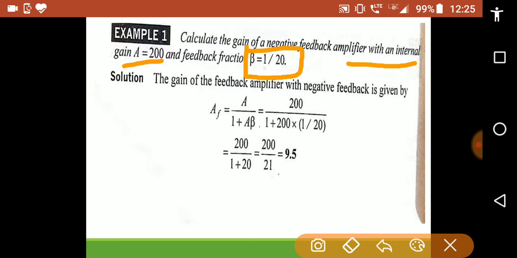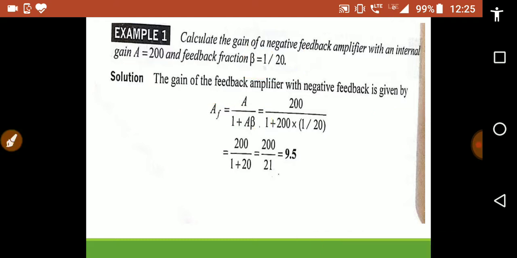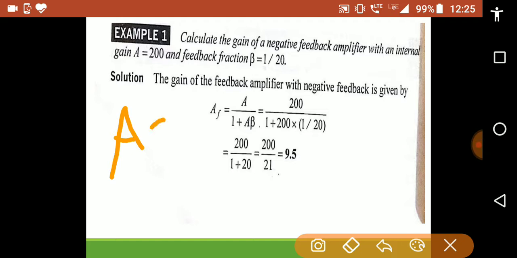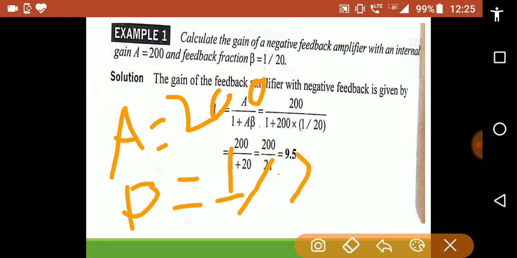The gain of the amplifier with negative feedback is given by AF equal to A divided by 1 plus A beta. Here A equal to 200 and beta equal to 1 by 20.